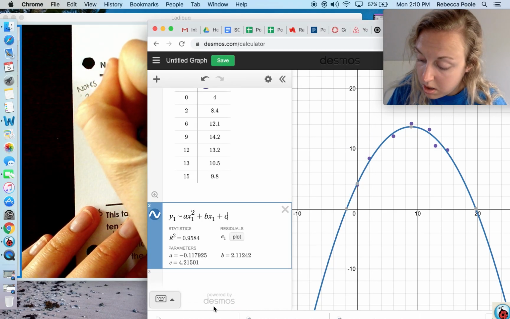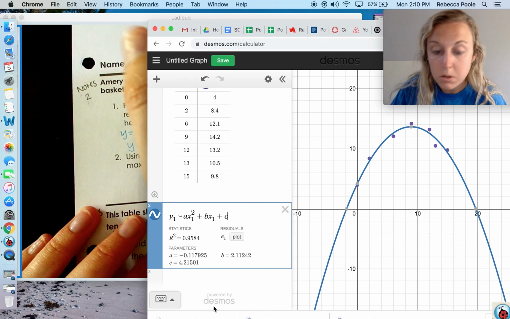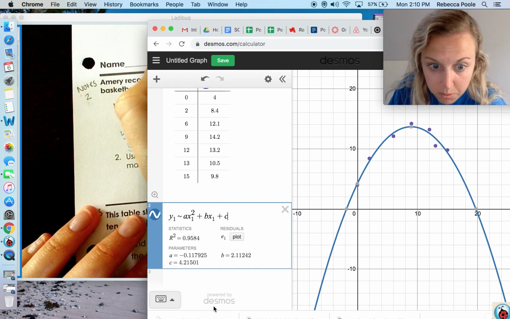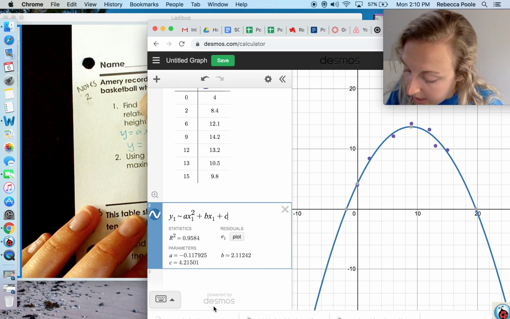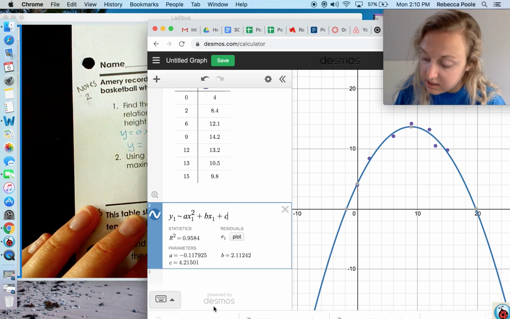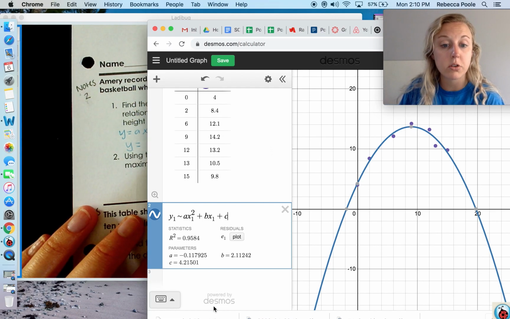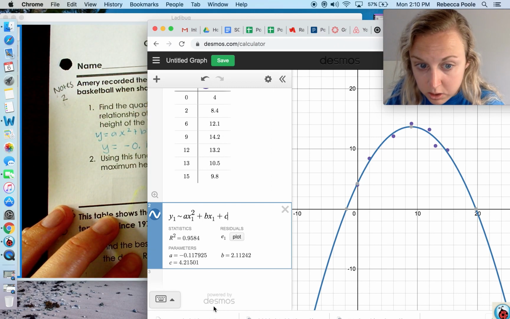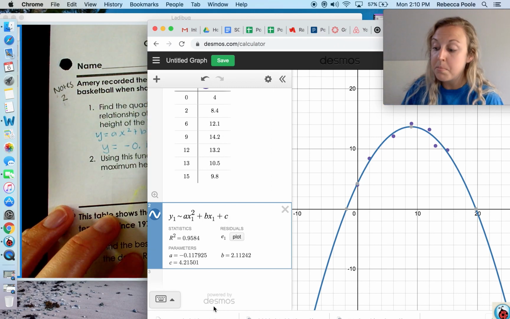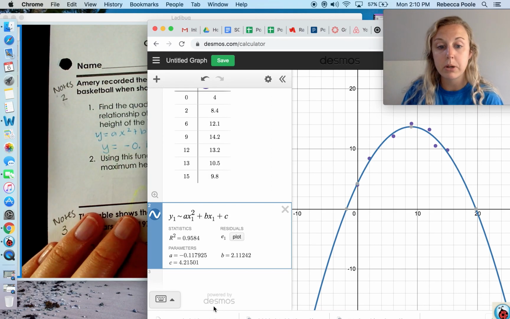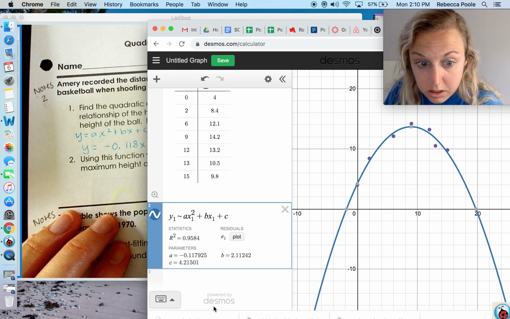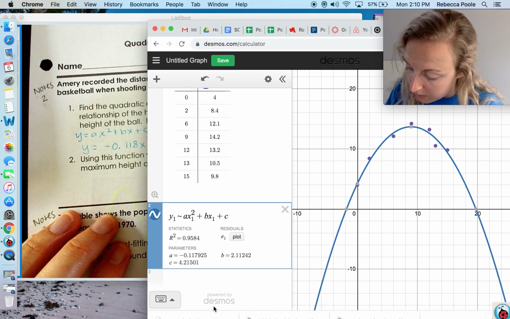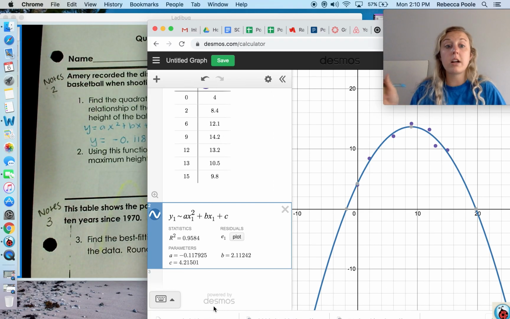So, this is y equals negative 0.118x squared. That's the a it gave me if I round it to 3 places. Plus 2.112x. That's the b it gave me if I round it to 3 places. Plus 4.215. So Desmos straight up gave you the equation, okay?